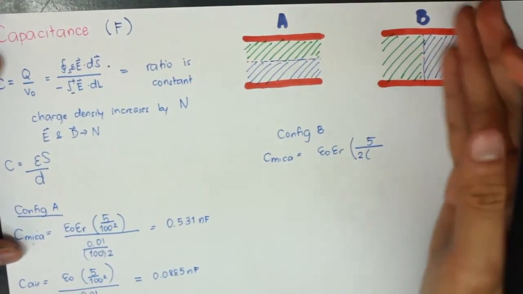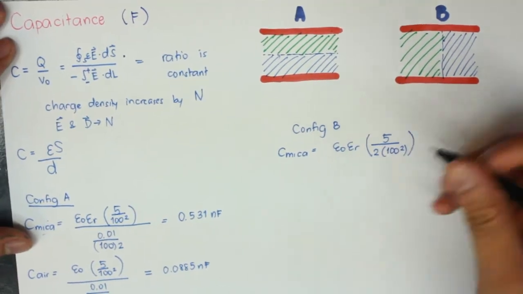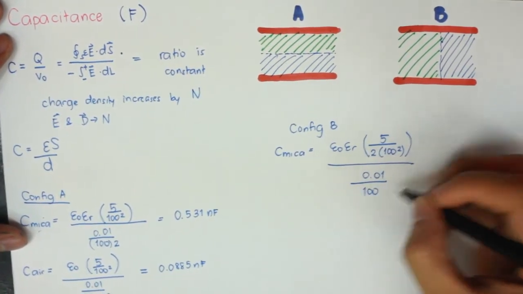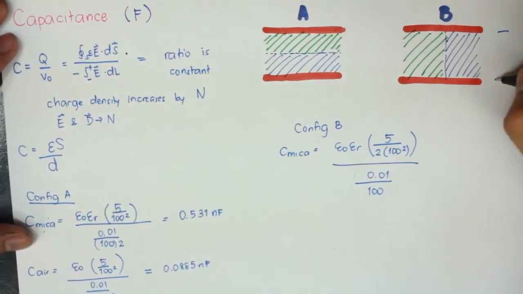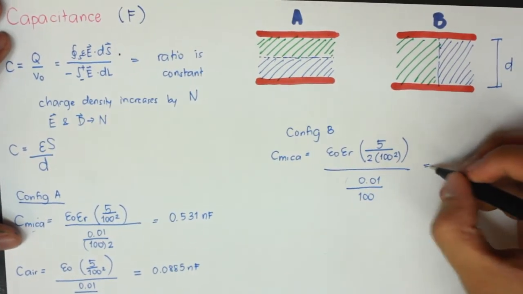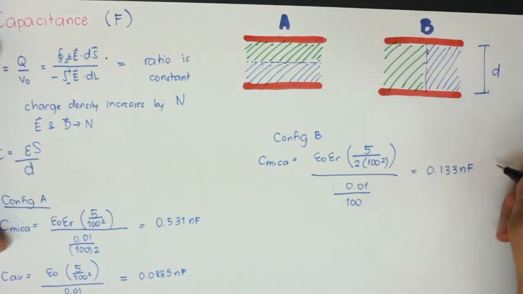So, nahati na kasing surface area, 100 squared. 0.01/100. So, yung distance naman dito, nakuha niya yung buong distance. Okay? So, this is 0.133 nanofarads.